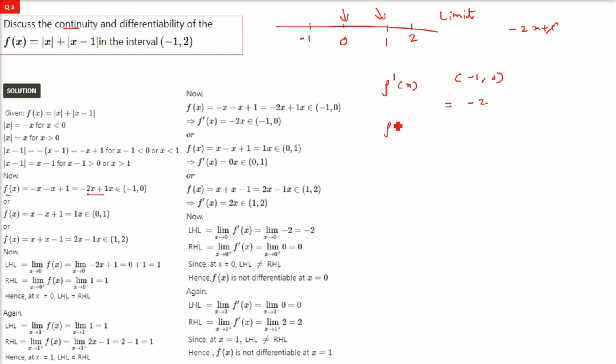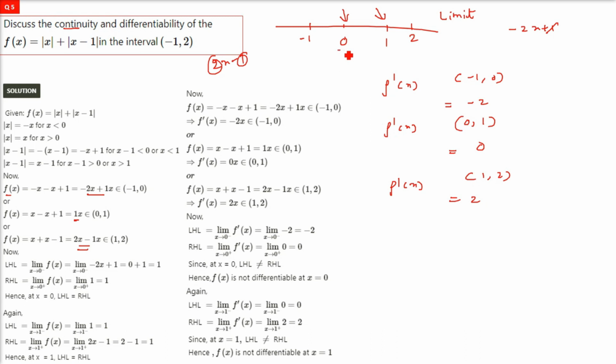Now f dash x in the interval 0 to 1: it was 1, so differentiating 1 gives 0. For 2x minus 1 between 1 and 2, 1 is 0 and differentiating 2x gives 2. So minus 2, 0, 2.